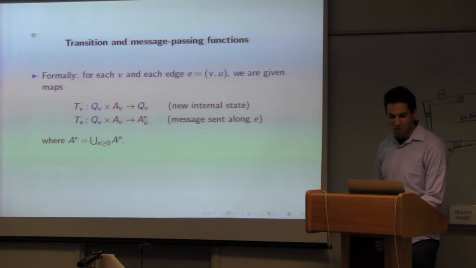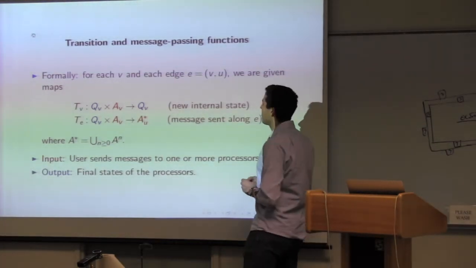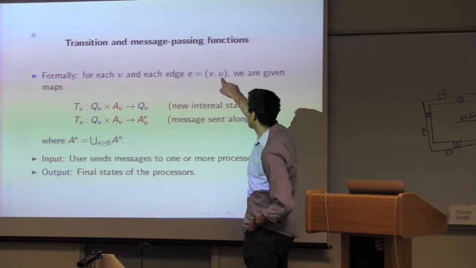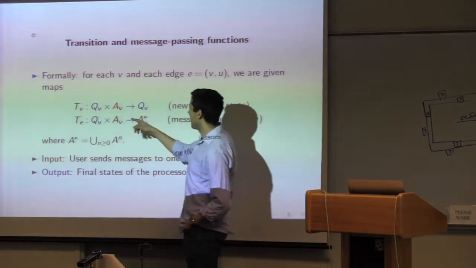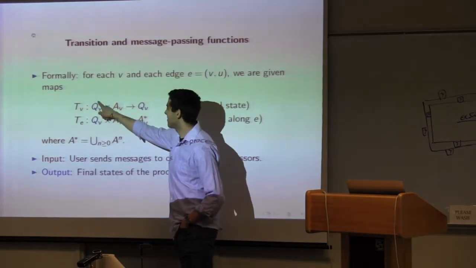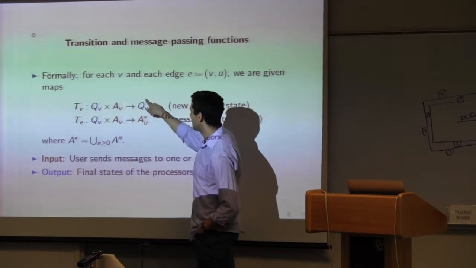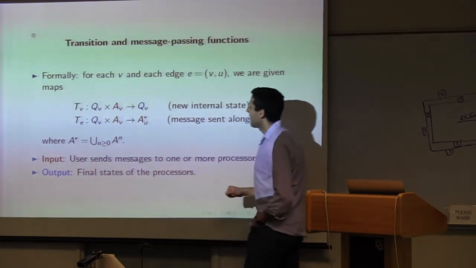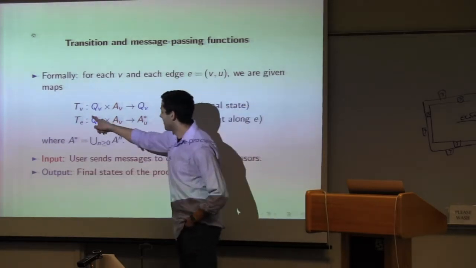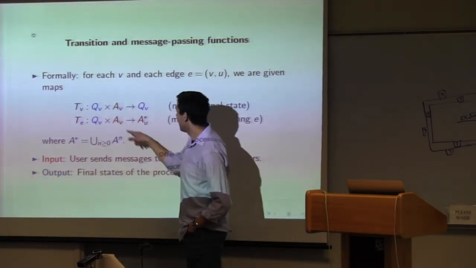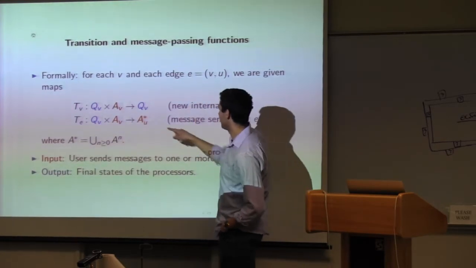Okay, so formally, what do we have? For each vertex V and each edge coming out of V, we have a state transition map. It says that, given that I'm in a certain state and that I read a certain letter from my input feed, I transition to some new state. And I have a message passing function, which says, given that I'm in a certain state and I read a certain letter, I'm going to send 0, 1, or more messages along that edge.